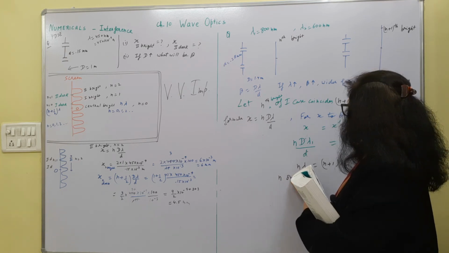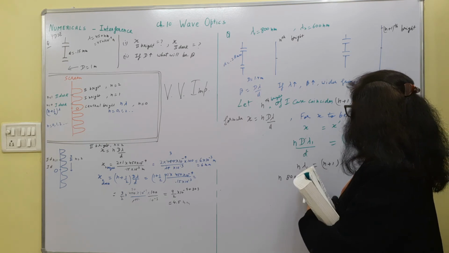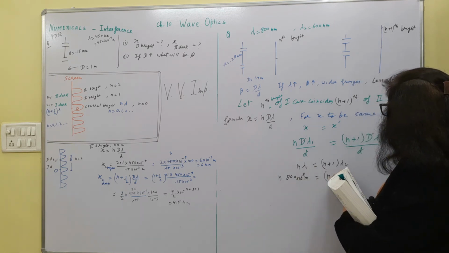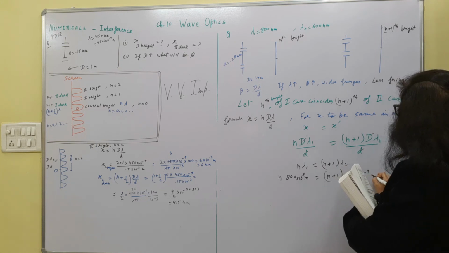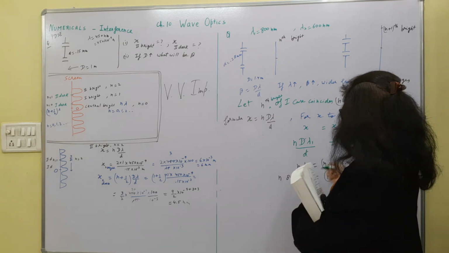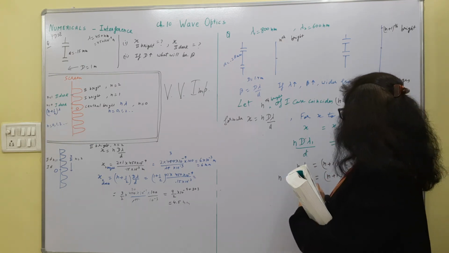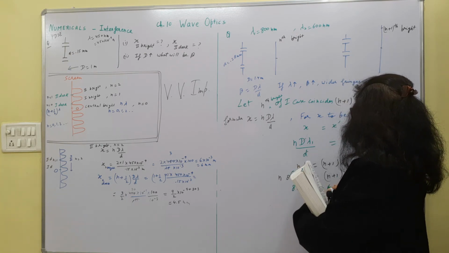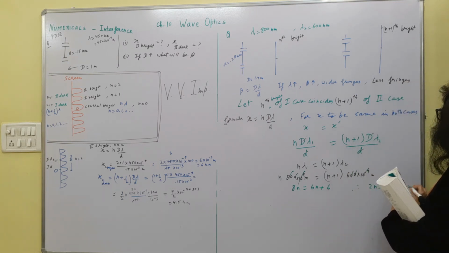Lambda 1 is 800 nanometer, nano is 10 to the minus 9, we can write, though it will be cancelled. n plus 1 into 600 into 10 to the minus 9 meter. So everything cancels. So this is 8n is equal to 6n plus 6. So therefore 2n is equal to 6. Therefore n is equal to 3.